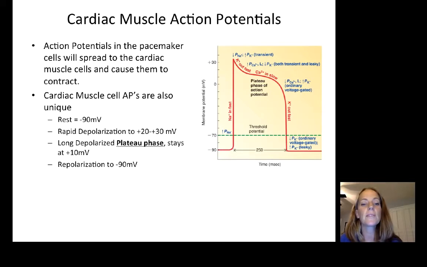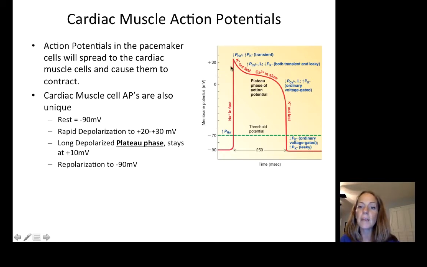But the cardiac muscle cells are also unique. So their resting potential is at -90, and they do rest. They sit at rest and they are waiting for input from the intrinsic conduction system cells. As soon as they get input, they are going to get an immediate and rapid depolarization all the way up to +20, +30 millivolts.